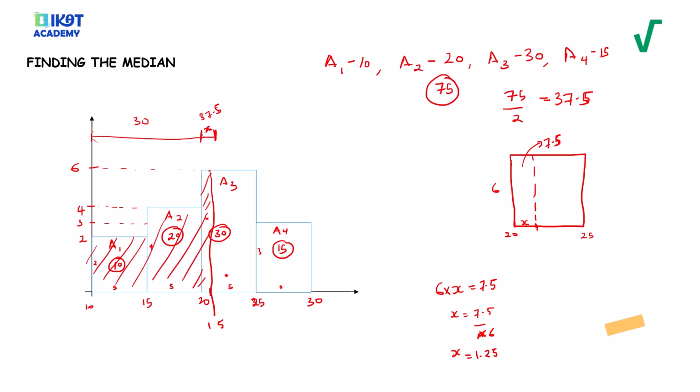It's somewhat confusing, but you just have to know about it so that when the question comes, you're not at least blank. So you realize we are at 20 plus 1.25, 21.25 is the median. I don't know if that makes sense, but that's how we find the median. If you have any questions, you can ask. So that's how we find the median from the histogram, but it's very rarely asked.